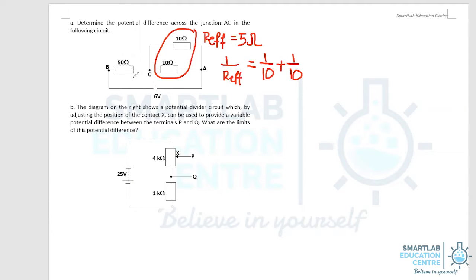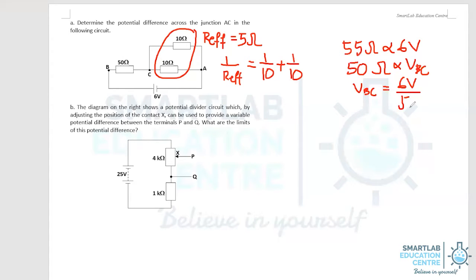Therefore, we can conclude that the total of 55 ohm is directly proportional to 6 volt. So the potential difference across the 50 ohm resistor, which is your VBC, you can divide the two and calculate it, where VBC will be equal to 6 volt divided by 55 multiplied by 50.